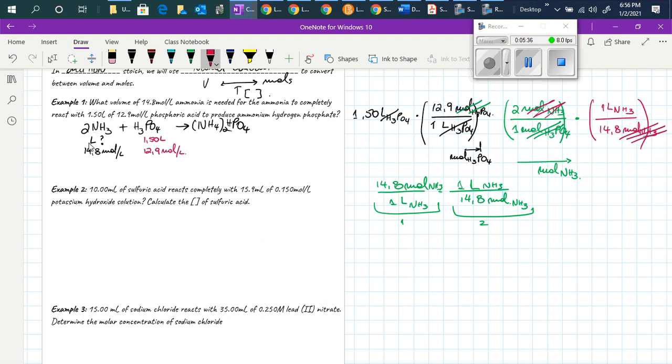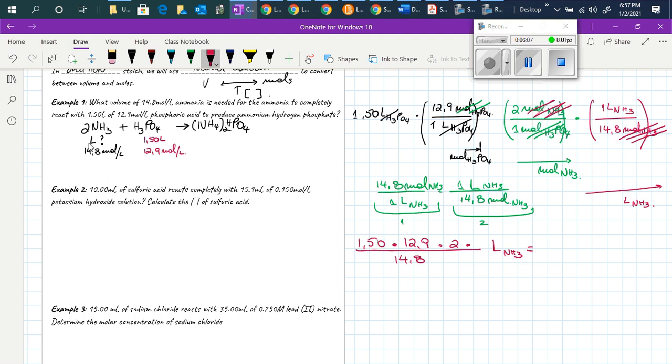So moles of ammonia cancel out and you end up with liters of ammonia, which is what you need. So in terms of the calculator numbers that you will enter: 1.50 times 12.9 times 2 times 1, which we don't write, and then 1 and 14.8, and the units are liters of ammonia.